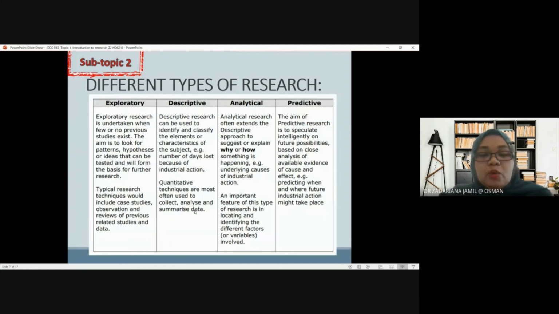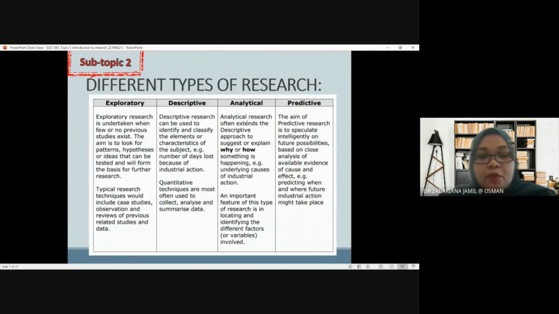Analytical research extends the descriptive approach to suggest or explain why or how something is happening, for example the underlying causes of industrial action.